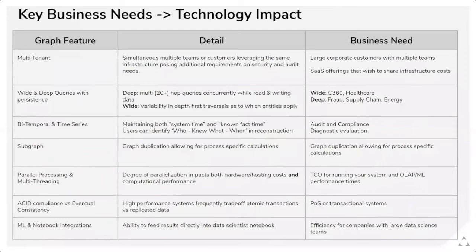Subgraphing is an important feature for some cases where maybe I want to carve out a subset of my entire graph and do subsequent processing on my own solution, right? So perhaps I'm doing some computation on April transactions and Scott is doing things on May transactions, and we don't really want to be affecting each other, and the ability to subgraph to carve that out and pull it back might be worthwhile for us to process in parallel.